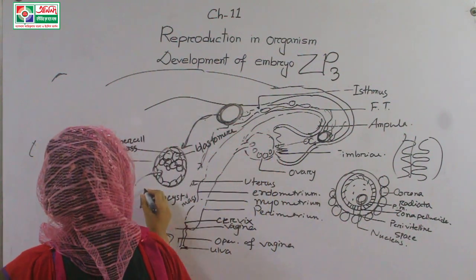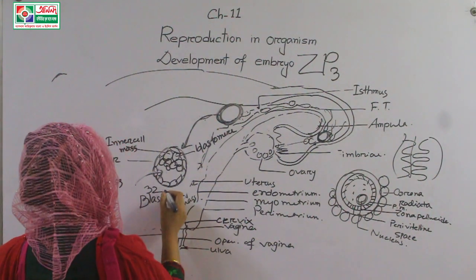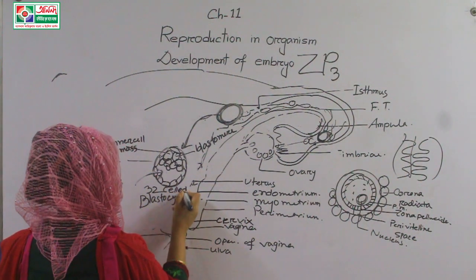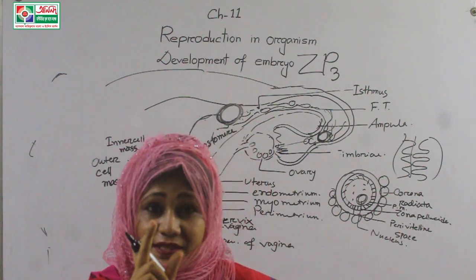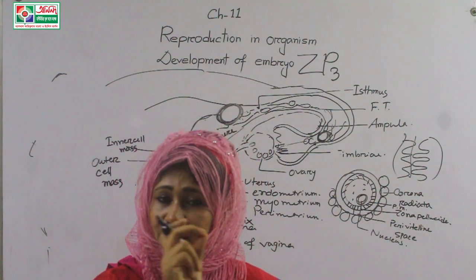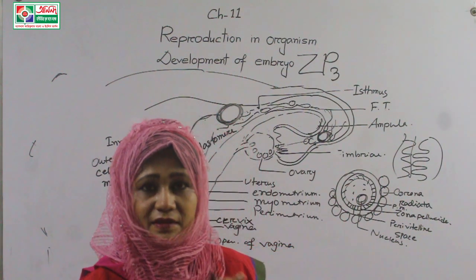It is now a 32-cell structure, and it is known as the blastocyst. Each cell of the blastocyst is known as a blastomere.